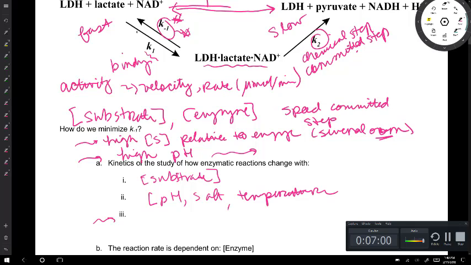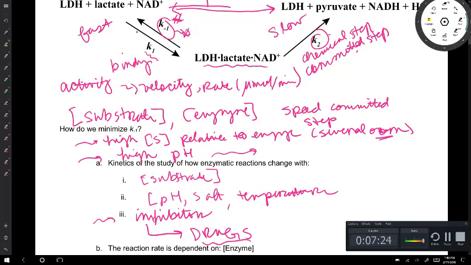Today, or for this week in particular, we're going to be concerned with how reaction kinetics change with the presence of an inhibitor. One of the reasons why we care so much about kinetics, specifically with an inhibitor, is that many drugs are enzyme inhibitors.